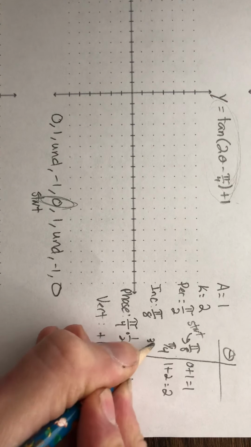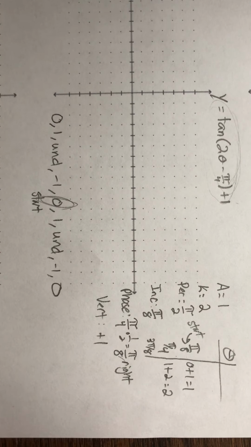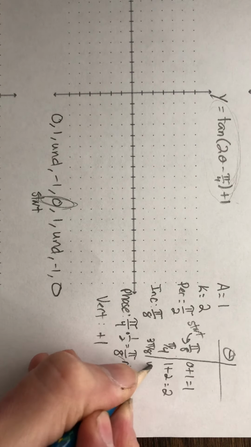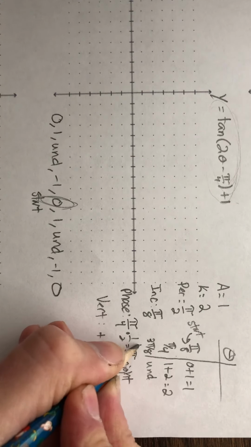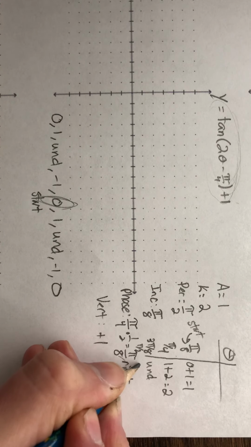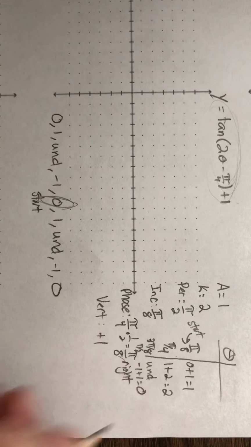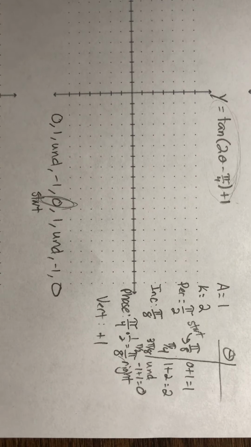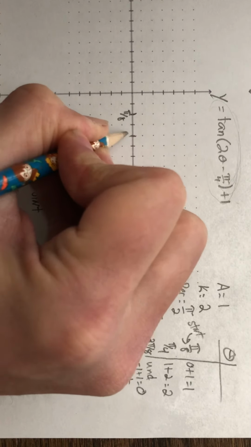At 3 pi over 8, that would give you undefined. And at 4 pi over 8 or pi over 2, that's going to give you -1 plus 1 will give you 0, right? You can keep going if you want, right? So let's plot these out and label this so we can see it.